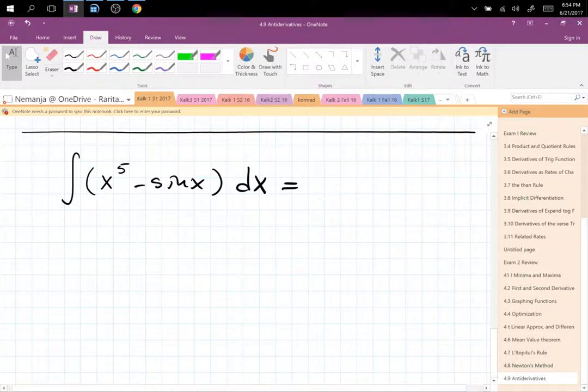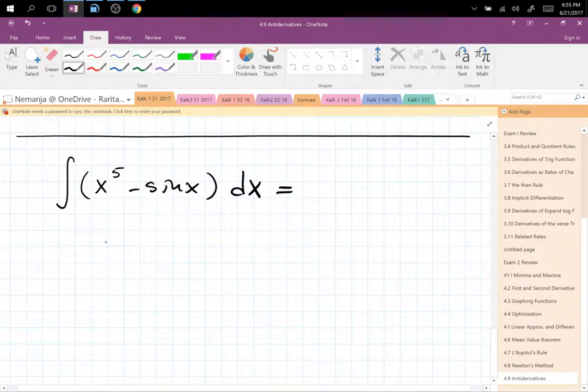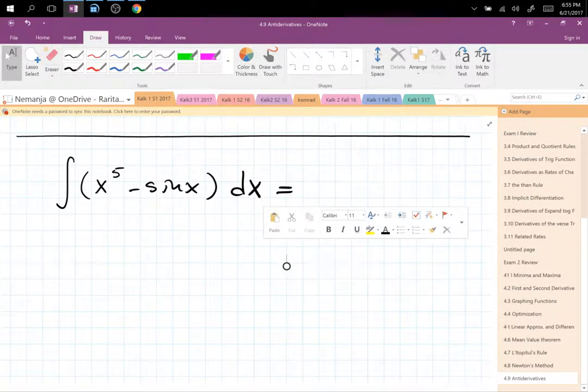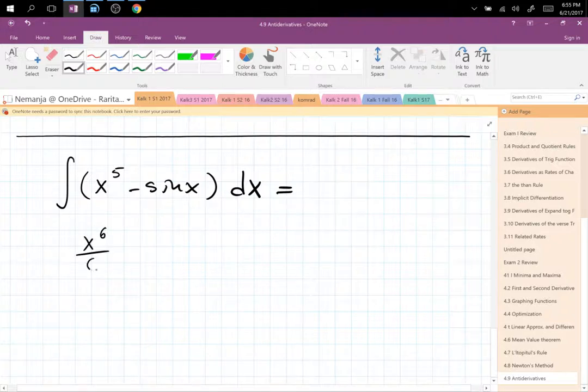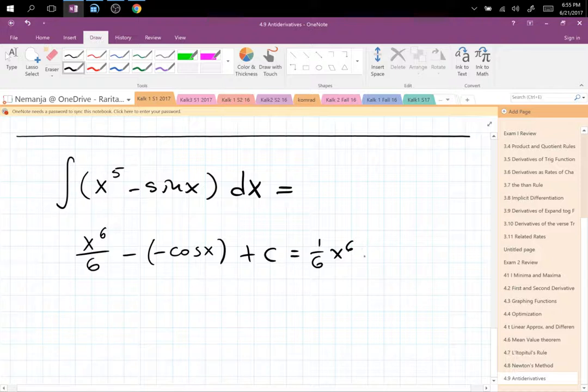Nice. So we have each one of these is going to be integrated separately. So we have x to the 6 over 6 minus negative cosine x plus c, for a total of, you can write it as 1 over 6 x to the 6, whatever, plus cosine x plus c.